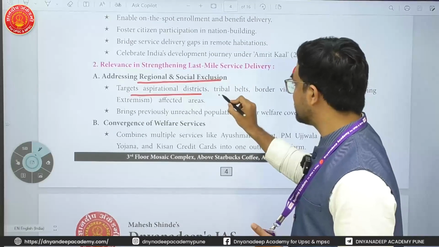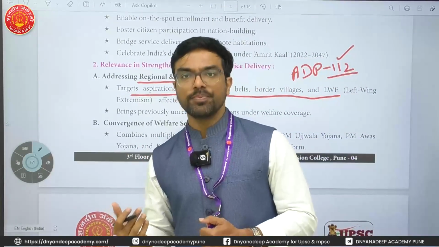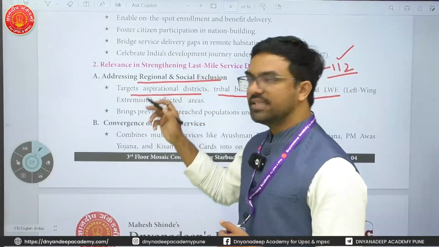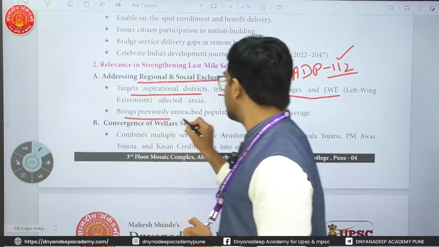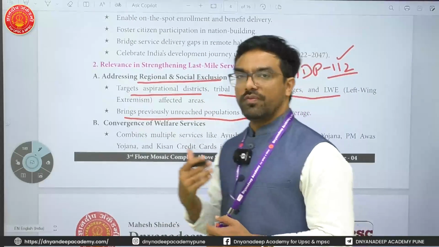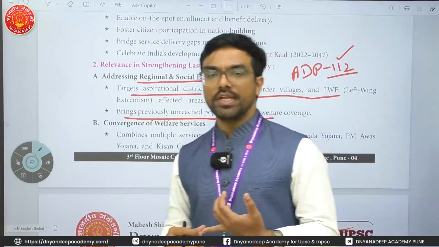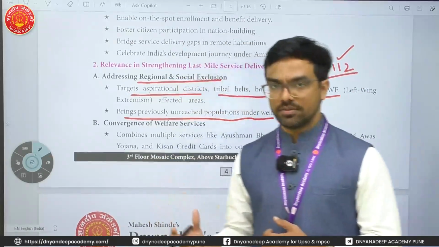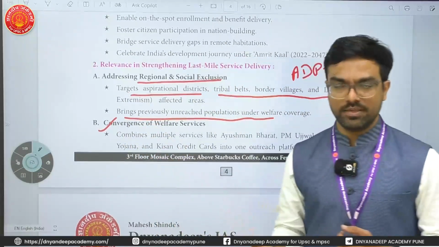So this initiative targets aspirational districts. It targets tribal belts, border villages, and left-wing affected areas. So it is addressing regional and social exclusion, right? It brings previously unreached populations under welfare coverage. So that is very important in ensuring public service delivery to the last mile. Also, it converges with other welfare schemes, right?